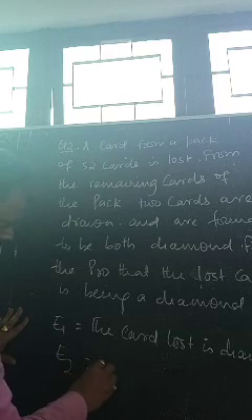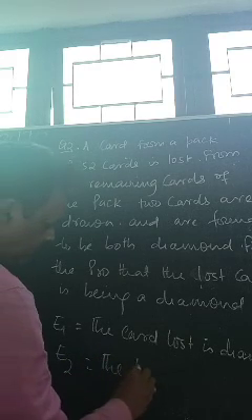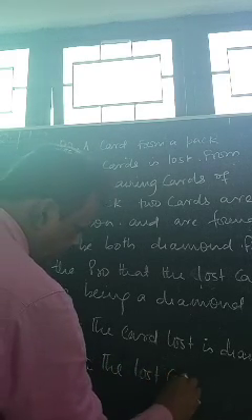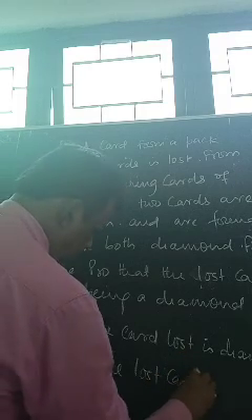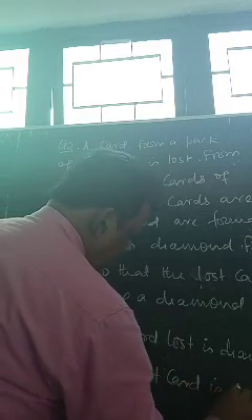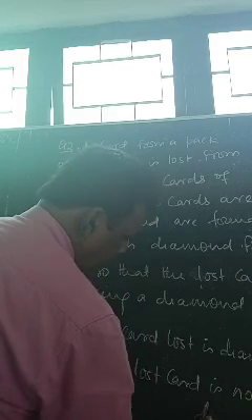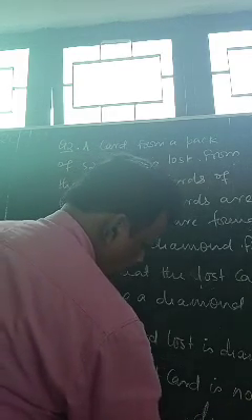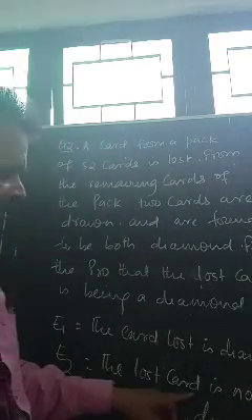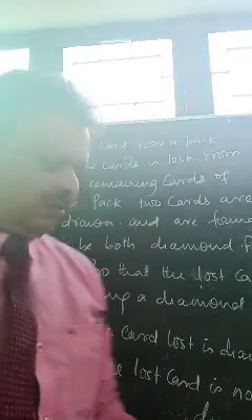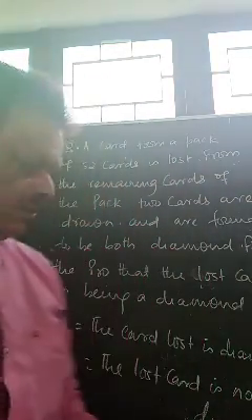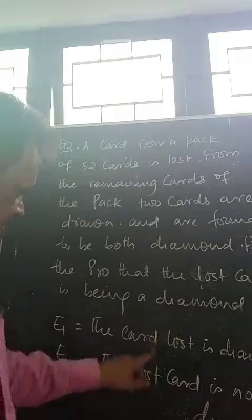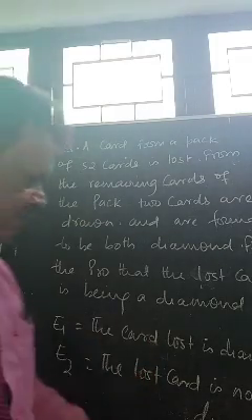E2: the lost card is not diamond. Because these two will be complement. Either a diamond is lost or a diamond is not lost. So they are the complement sets. So E1, E2 will be there.